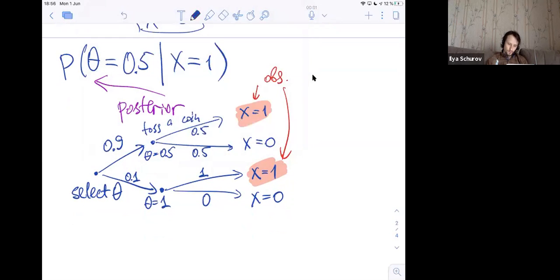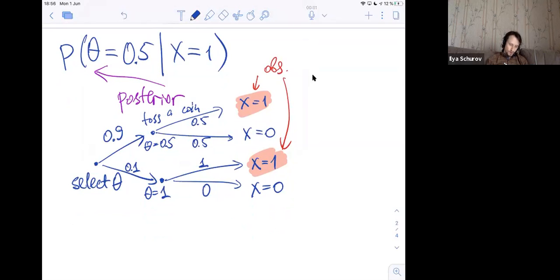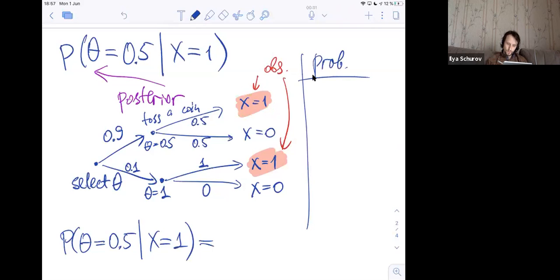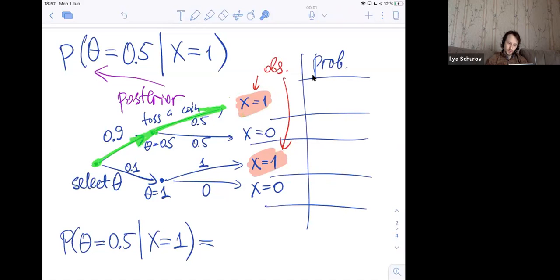So what should we do? To find the probability that theta equals 0.5, provided that x equals 1, it means that we are interested in this outcome. What is the probability of this outcome? To get here, we have to select the correct theta, and then we have to get the correct result here.